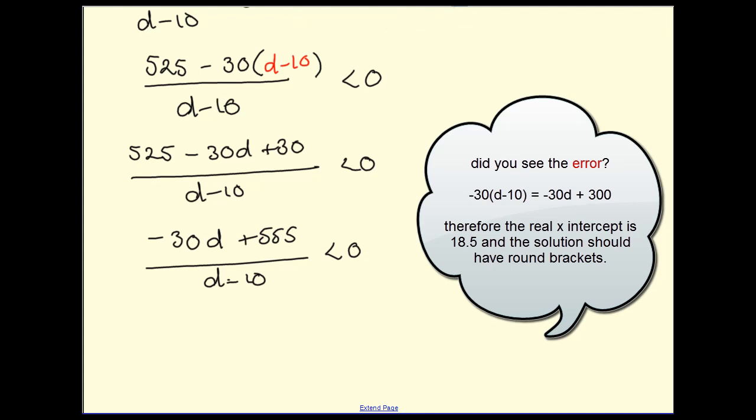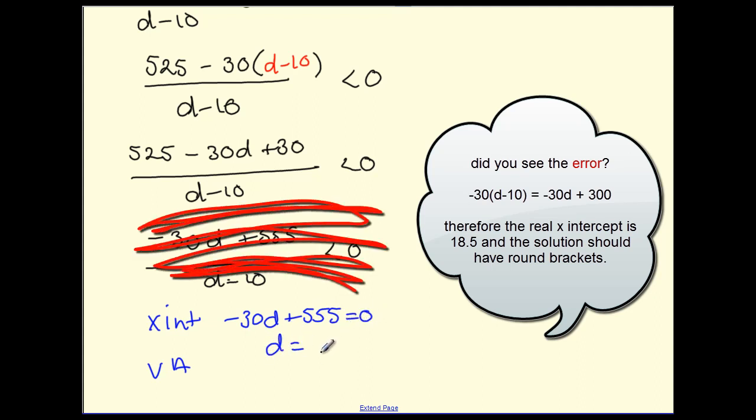And the interval method asks me to determine the x-intercepts and the vertical asymptote, and then use some test points. So the x-intercept is found by setting the numerator equal to 0. And when we are able to do that, d works out to be exactly 185.